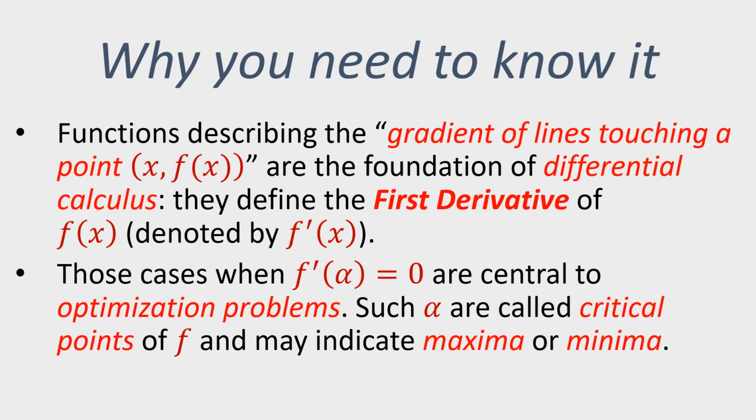Those cases where that function, the first derivative, takes a value 0, these are important to what I call optimization problems. And these points are called critical points of the function, and they indicate where it achieves a local maximum or a local minimum value.